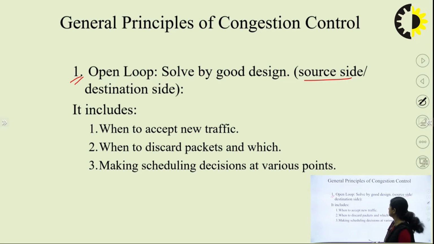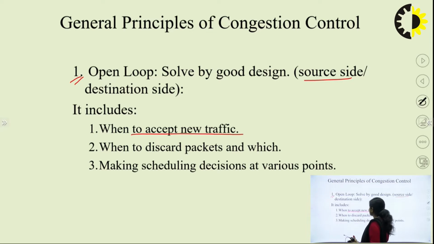It includes when to accept new traffic, when it is going to allow new traffic to come, when to discard packets, and which packets need to be discarded, right? It needs to be decided which packet to discard, since it cannot discard just any packet.